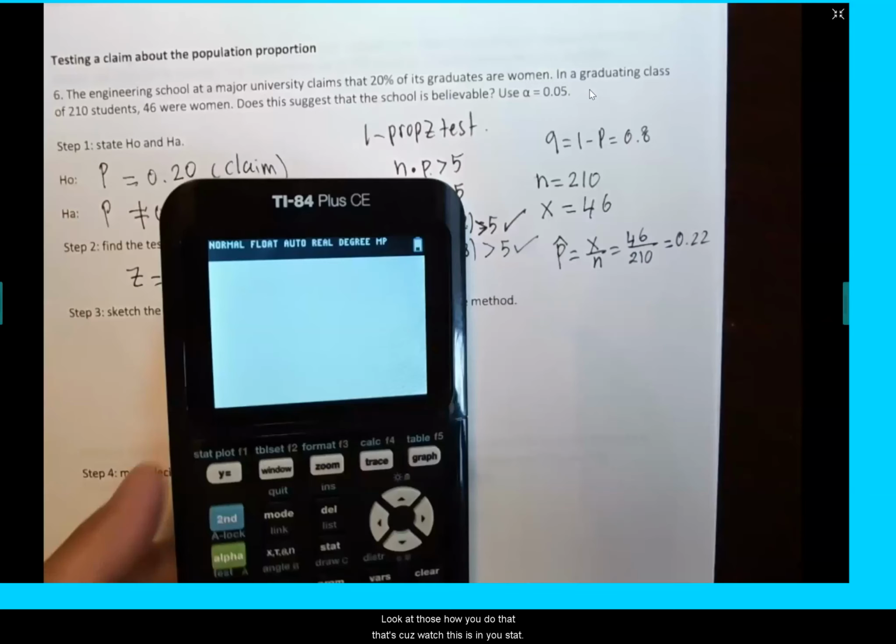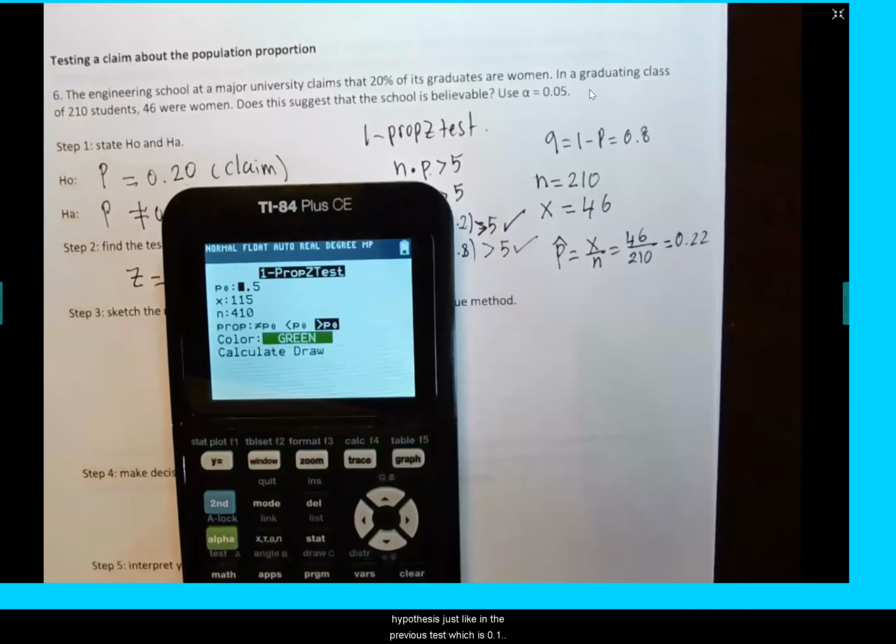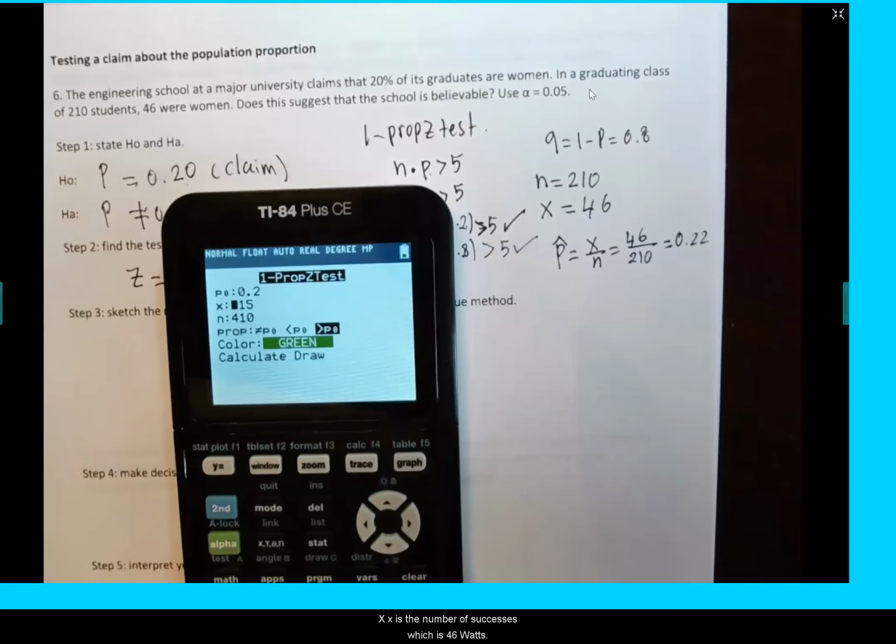Press STAT, TEST, not Z-Test, not T-Test. It's number 5, 1-PropZTest. p0 is asking you to put the value from the null hypothesis, just like in the previous test, which is 0.2. x is the number of successes, which is 46. n is 210. Now you have to choose the sign in the alternative hypothesis, and it's not equal to. There you go.